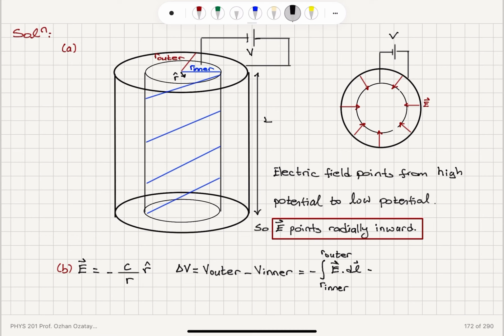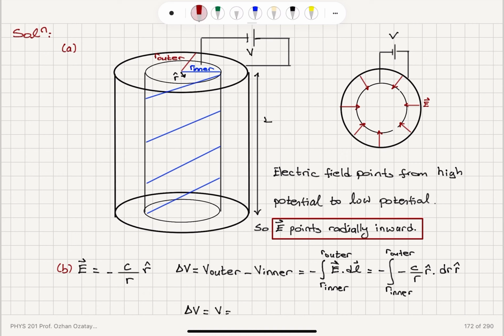So this is minus the integral from R inner to R outer. The electric field is minus C over R hat, and I'm moving in the direction of R hat, so dl is dr R hat for this path integral. And this potential difference is V.